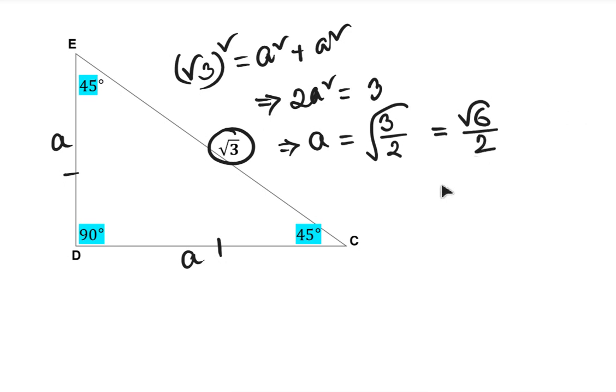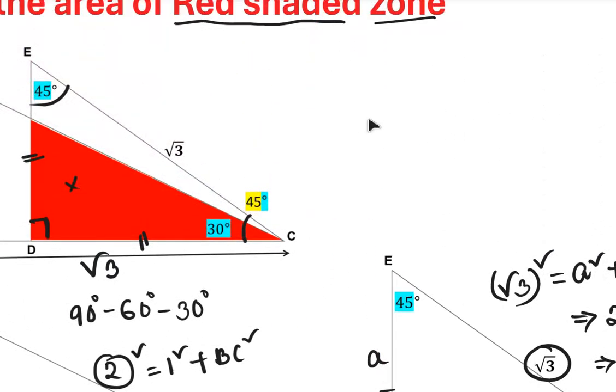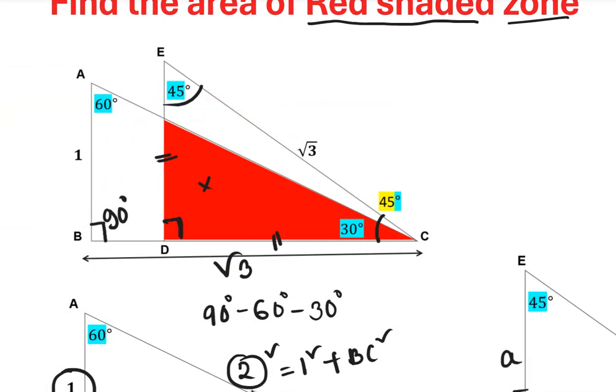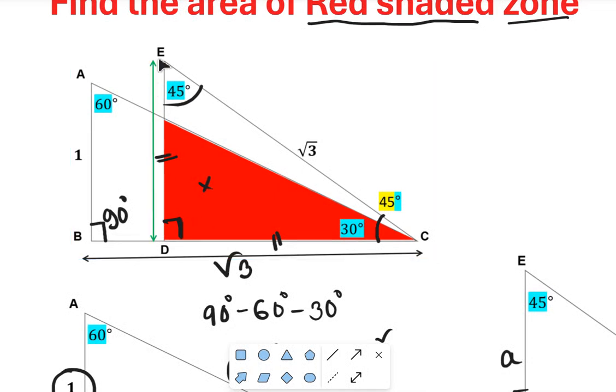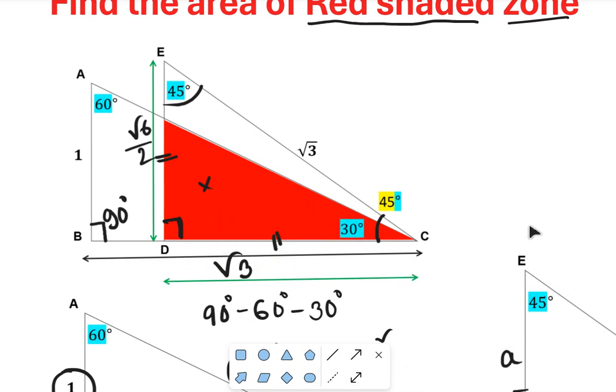So we have got the value of A. So here, DE length will be root 6 by 2, as well as the length from D to C, up to this much, is also root 6 by 2, because this is an isosceles triangle.